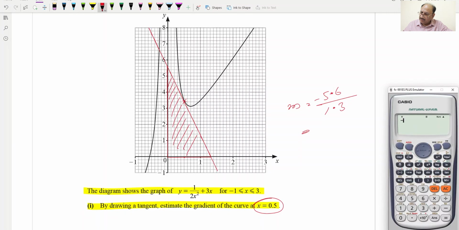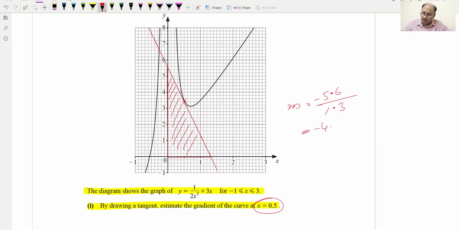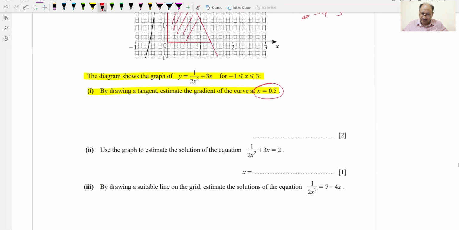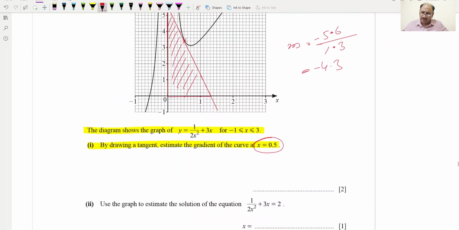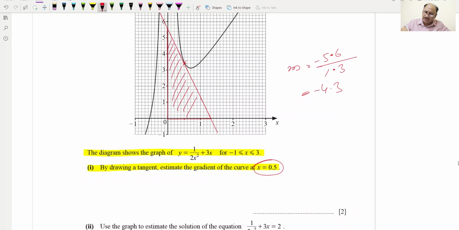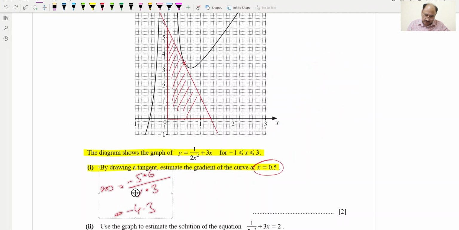This will be minus 5.6 over this will be 1.3 is equal to minus 4.3. Minus 4.3. This will be the gradient which they have asked us to find. So the same working basically we can provide over here. This working we can move over here and answer will be 4.3.